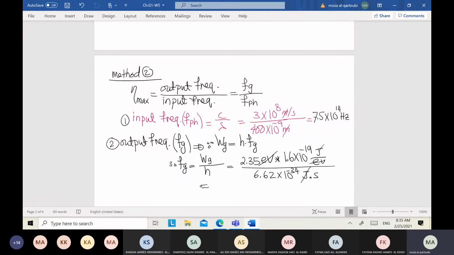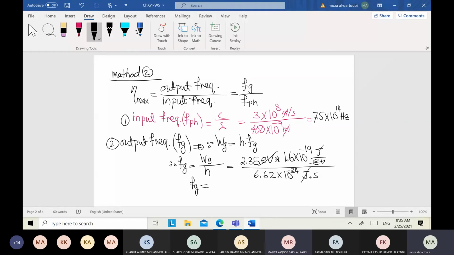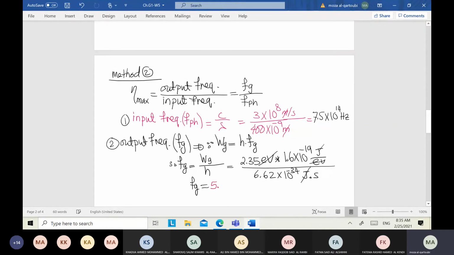Now F of G should be greater than 7.5 or less than? Less than 7.5, yes, it should be less than. So fine, 5.68 times 10 to the power 14 hertz.